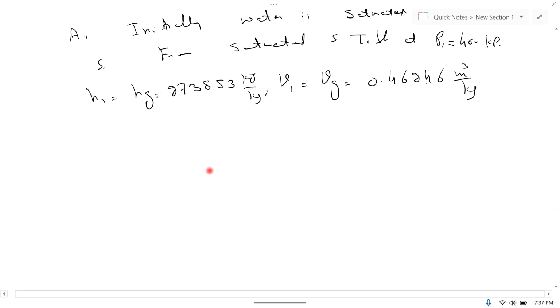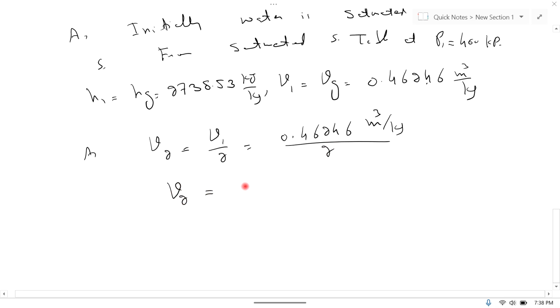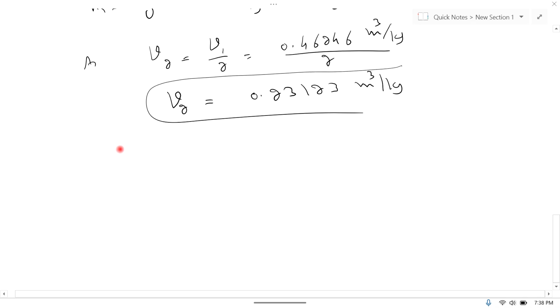As given in the data, V2 is half: V2 is equal to V1 divided by 2, which is equal to 0.46246 meter cube per kg divided by 2. So V2 is equal to 0.23123 meter cube per kg.